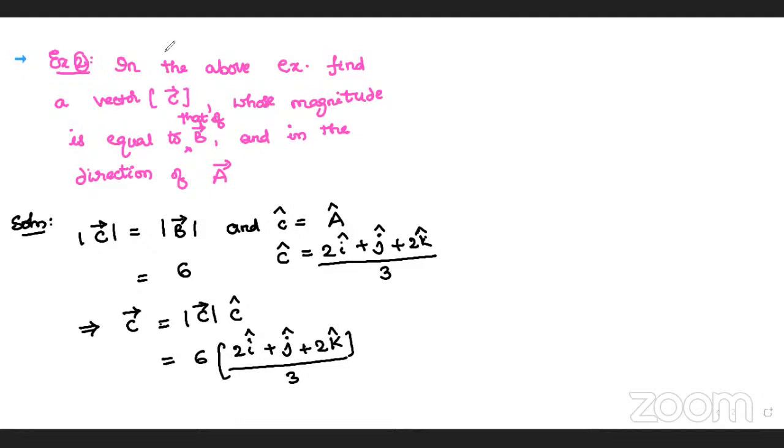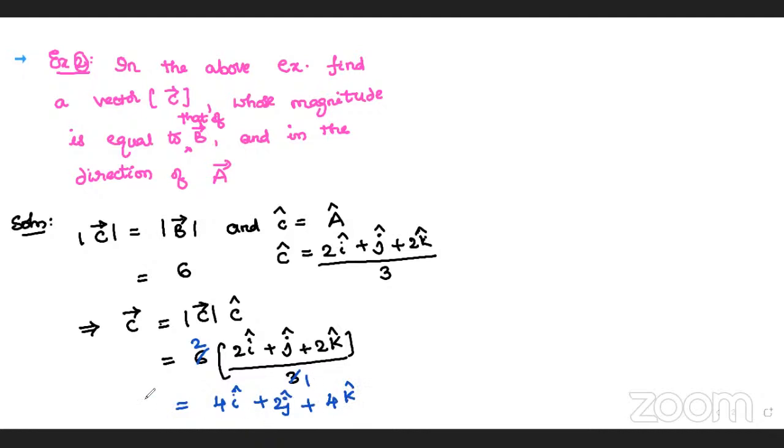So if you cancel there, what will you get? Here 3 ones are 3, and 6 divided by 3 is 2. So we have to multiply by 2 to get the final answer. The final answer is 2 twos are 4, 4I cap, plus 2J cap, plus 2 twos are 4, K cap upon 1.